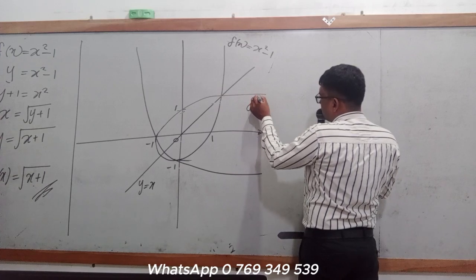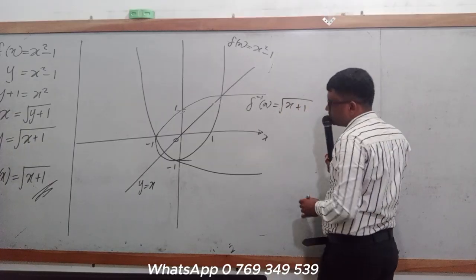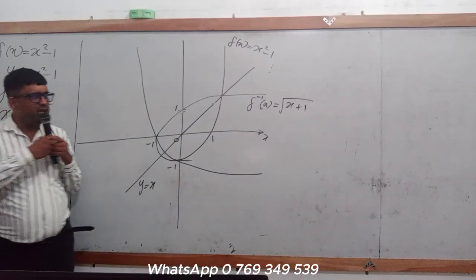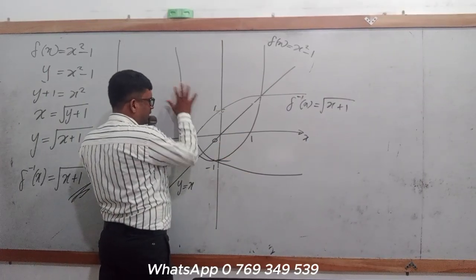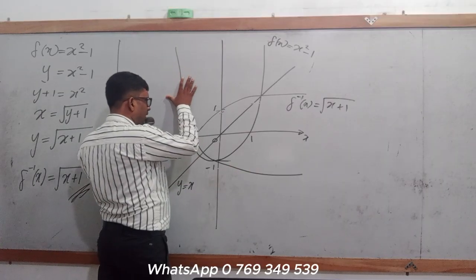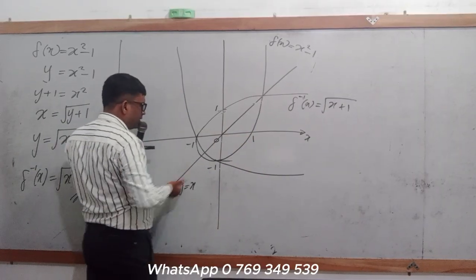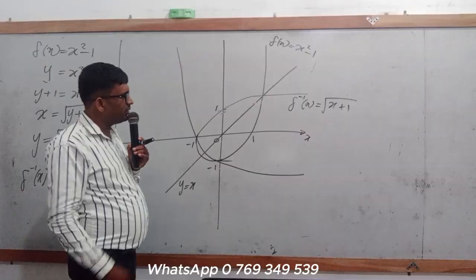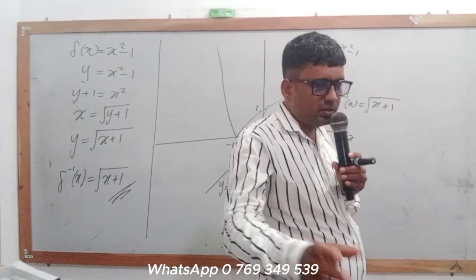This is the f inverse x, root of x plus 1. The graph is like that. Always take the mirror. This one mirrors to here and this one mirrors to here. The inverse graph is the mirror of the f(x) graph, and the f(x) graph is the mirror of the inverse graph, about this identity function. Right. Okay.